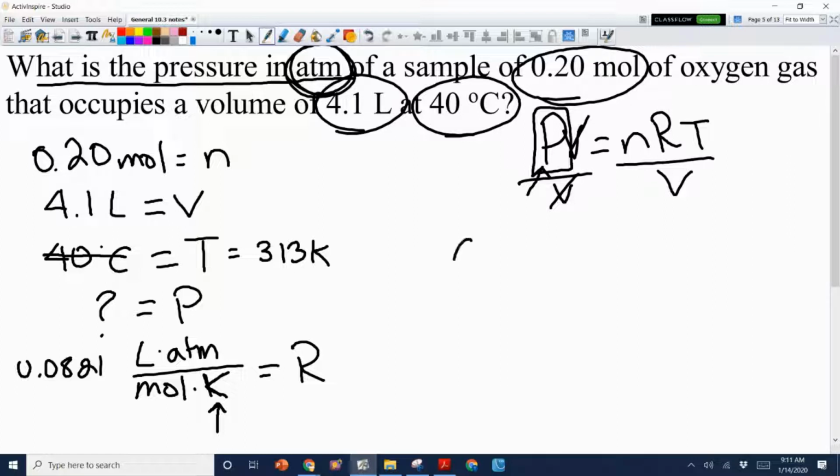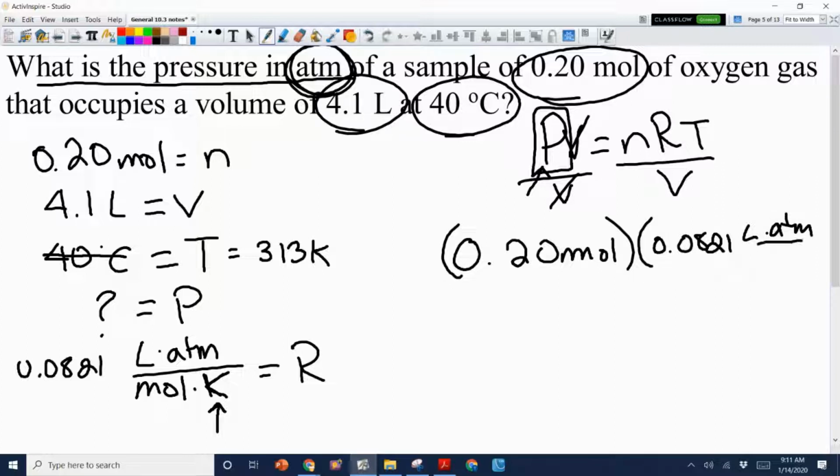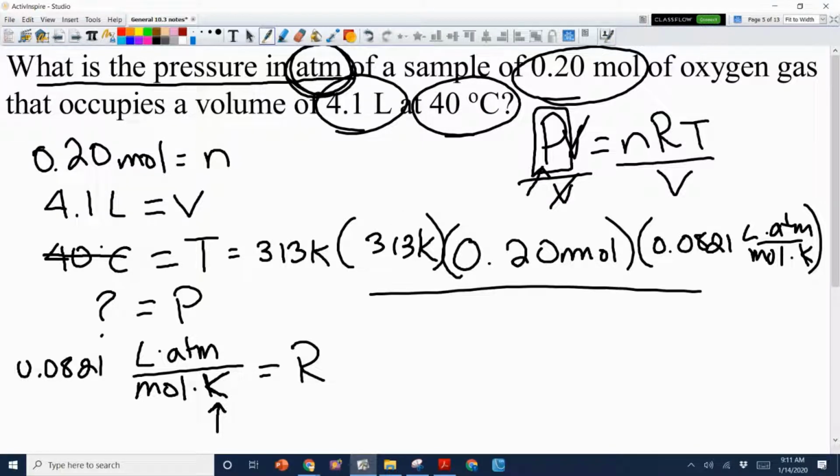Okay. All right. So now we can plug everything into this equation. So moles, we're going to have 0.20 moles times the ideal gas constant, 0.0821 liters atmospheres over moles Kelvin, and I run out of room, times, I'm going to put it over here, temperature, which is 313 K, over the volume, which is 4.1 liters.